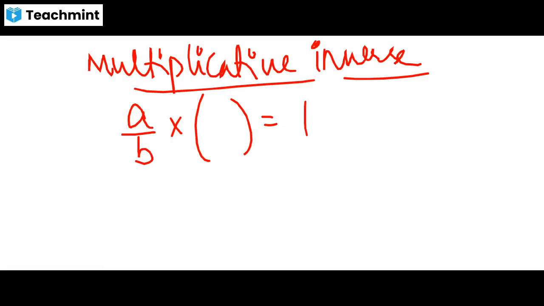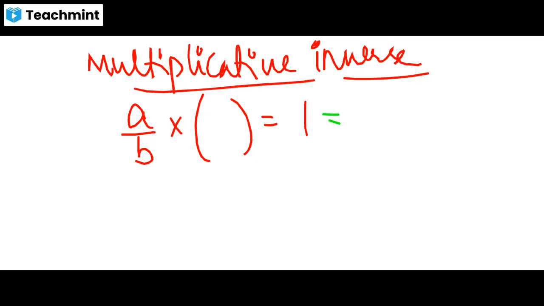Check it: if you multiply by minus ab, will you get the answer as 1? What is the reciprocal?